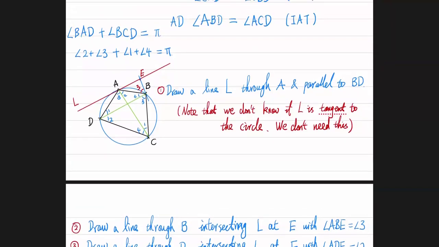We draw another line and get this F, angle 2.